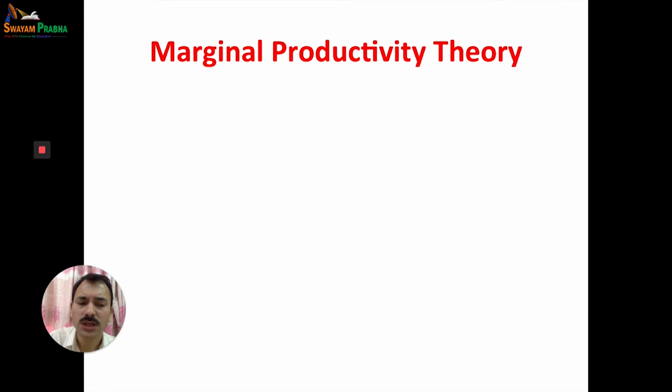To find out the productivity of a factor, it is essential to use one more unit of that factor while we assume the supply of other factors is constant. As a result, whatever increase is made in the total production is mainly due to the use of the additional unit of that factor, and this increase in total production is called marginal productivity.